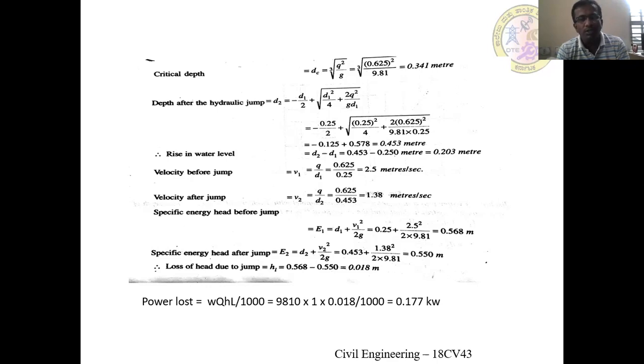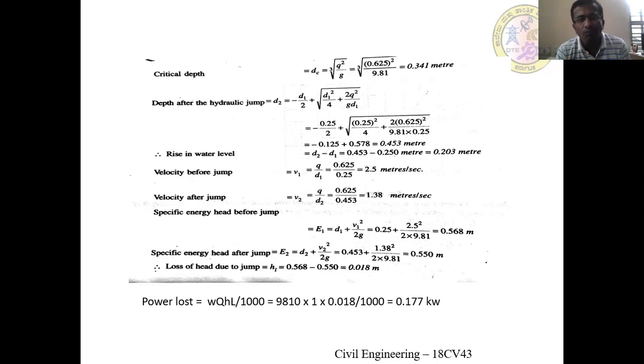Here we know d1, we know q, and we know the g value. Substituting, that is 0.25 by 2 plus the square root of 0.25 square by 4 plus 2 into 0.625 square, where 0.625 is small q per unit width, divided by 9.81 into 0.25, it is around 0.453 meter.